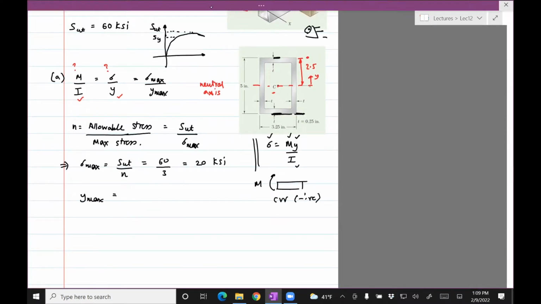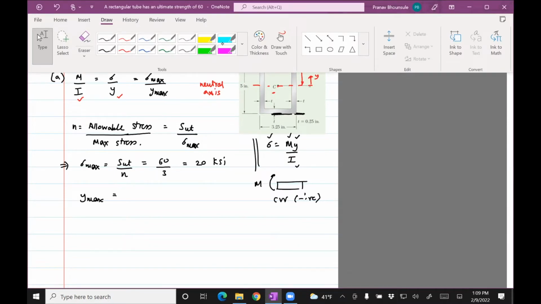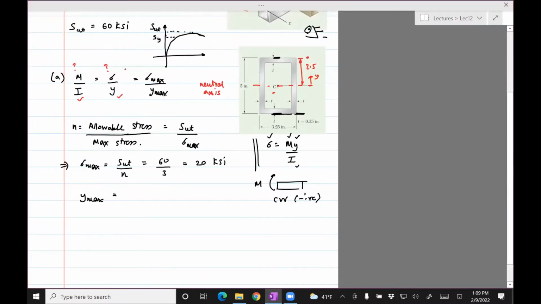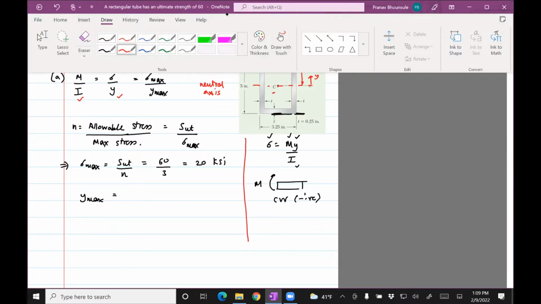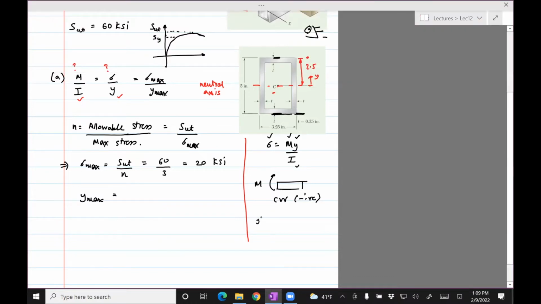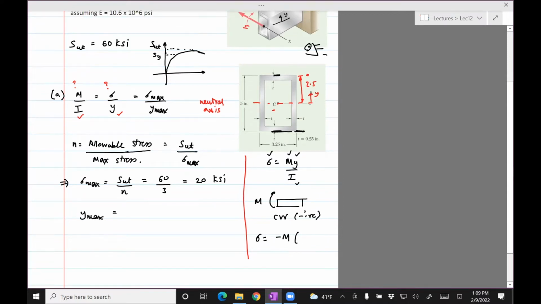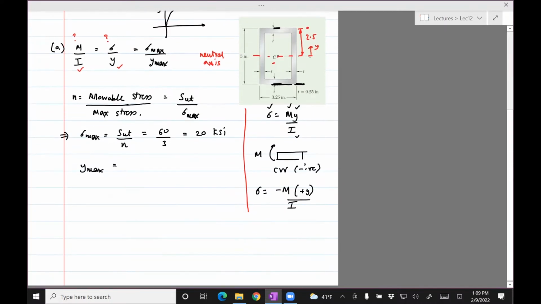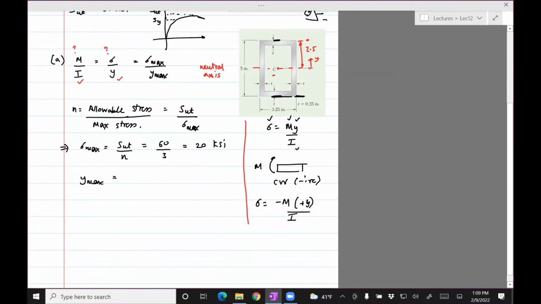And so when you use this formula, you'll have sigma equals minus M, and then, since our convention is positive is upwards, this will be positive y divided by I. I put a positive here because we're trying to find the stress here. So you see that the stress comes out to be negative.